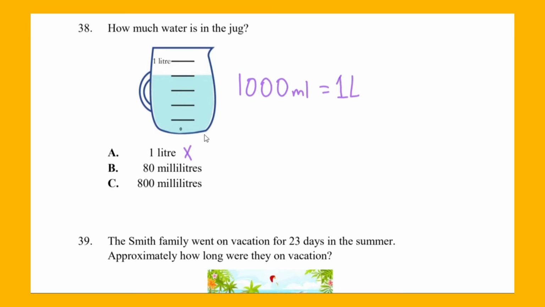So, option B could not be the answer because 80 milliliters could not be so close to 1 liter. So our answer is 800 milliliters. Why? Because each marking on the jug would suggest 200 milliliters. So as we go up towards 1 liter, the numbers are increasing by 200 milliliters.